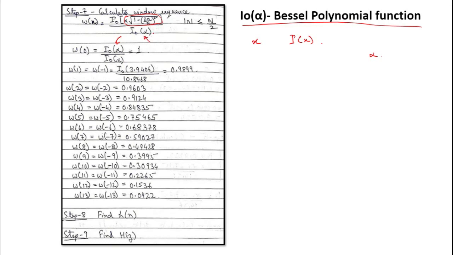This alpha value is constant, as we discussed yesterday. As n changes, this number is basically the x, and I(x) you get from the table. You just have to get the number and put it in from the table.